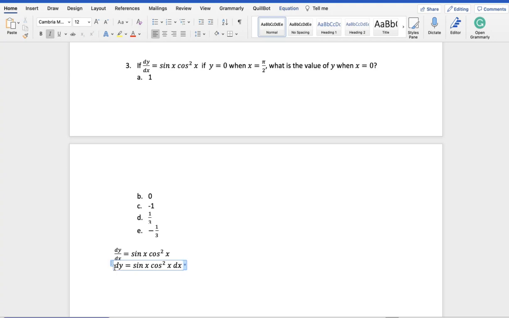So that's the derivative of y, which is just a function of x. So if you're given that, how do you find y? So what is y equal to? In other words, what is y? Knowing what is dy equal to, what is y equal to?